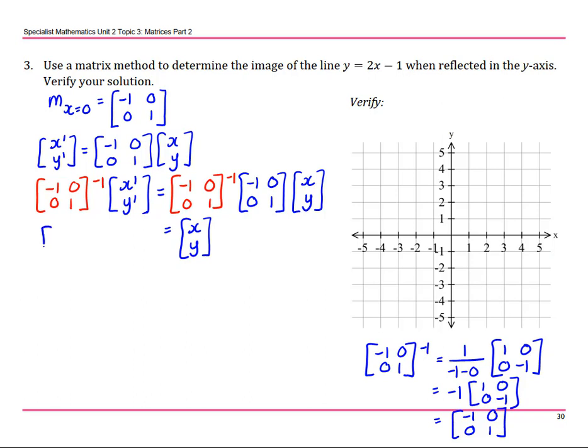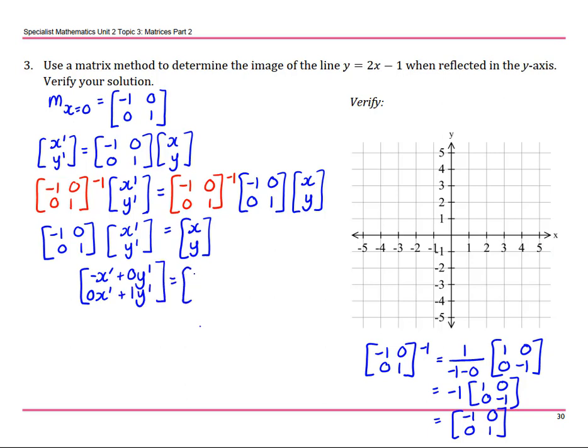So come back to here. Cross the row down the column. So we have negative image of x plus 0 lots of y, 0 lots of the image of x plus 1 lots of the image of y equals (x, y).